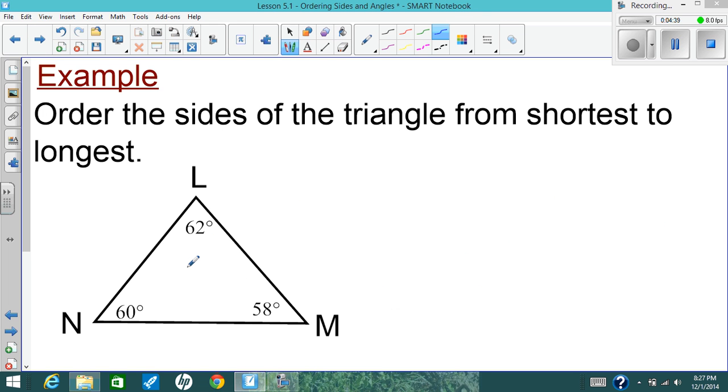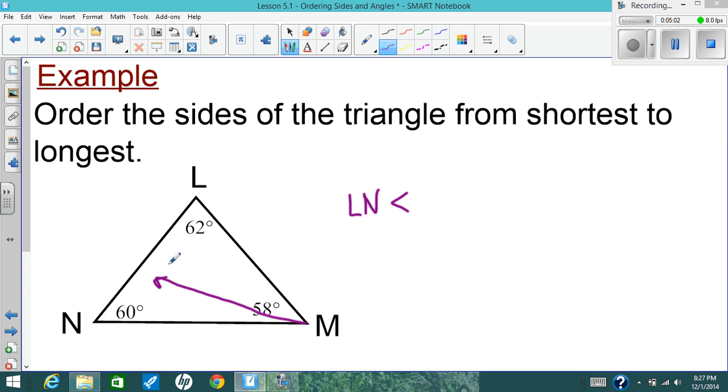So pause the video here, try this example, order the sides of the triangle from shortest to longest given the three angle measures. So I can just go find the smallest angle, which is angle M, find the side across from it, and I can see that LN is the smallest.